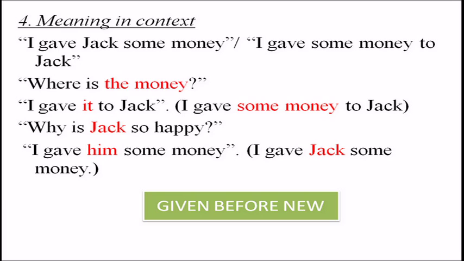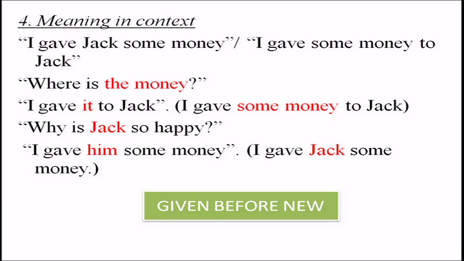But there is a difference in the meaning. Okay, now I have two questions. Where is the money and why is Jack so happy? If the two sentences above are the answers for these questions, which one will go with which one?